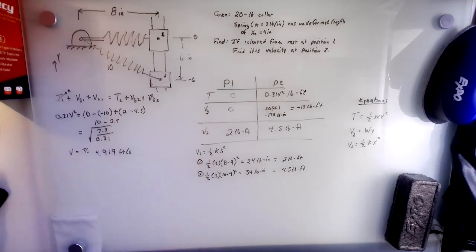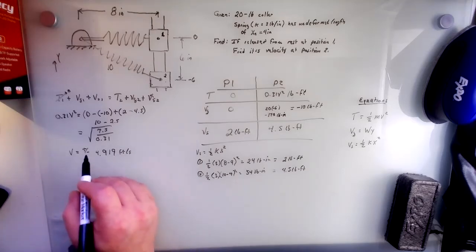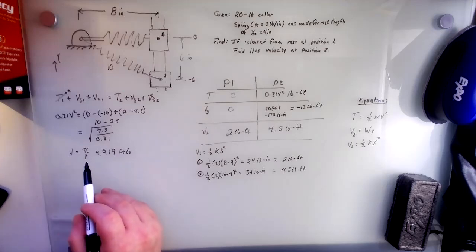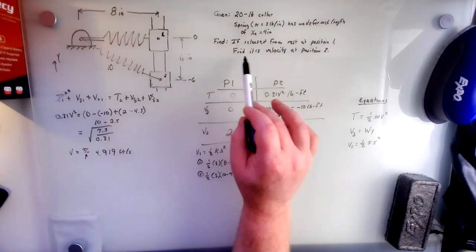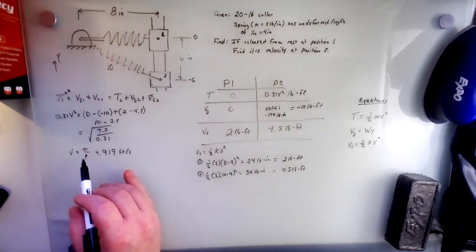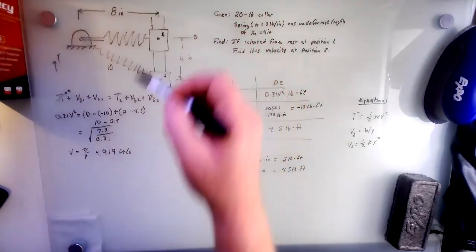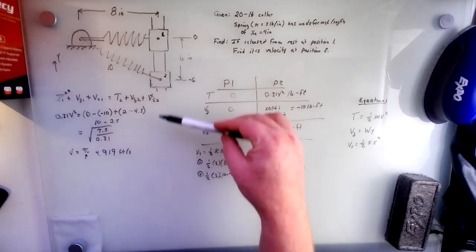So this is plus or minus. Okay, so the velocity at point B, let's assume that it's a negative velocity, meaning it's going down. What's going to happen is it's going to go down, slow down, and then come back up.